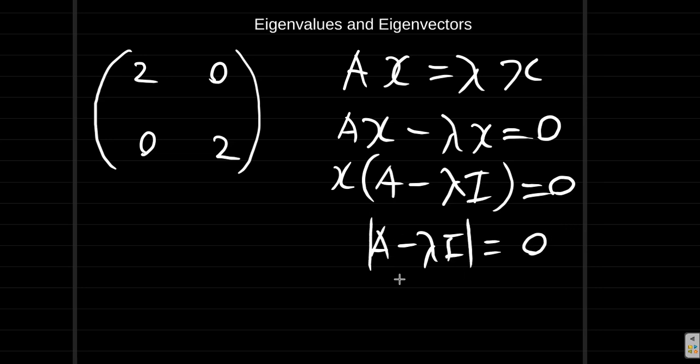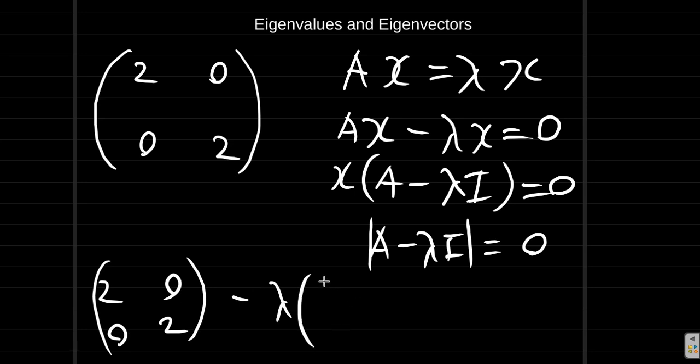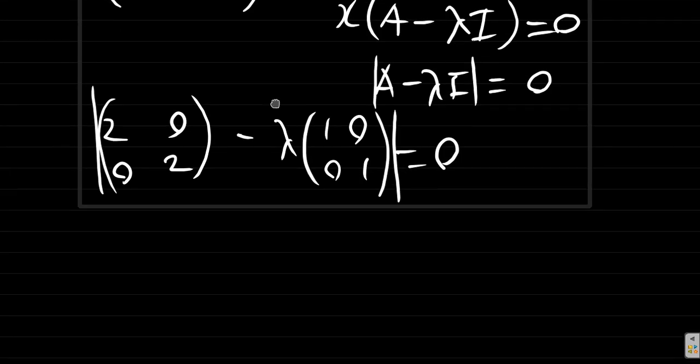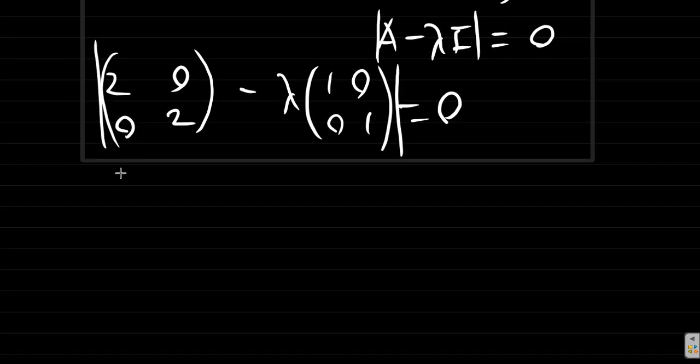The determinant is 0. So let's see how this goes. A is 2, 0, 0, 2 minus lambda times I, which is 1, 0, 0, 1, is equal to 0. The determinant is 0. So we work this out.